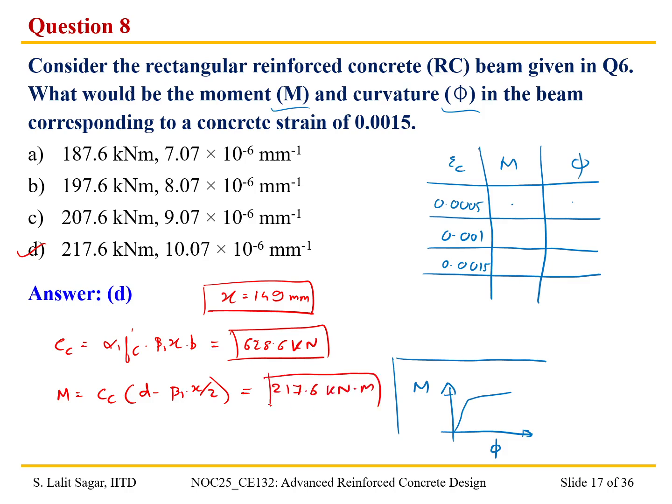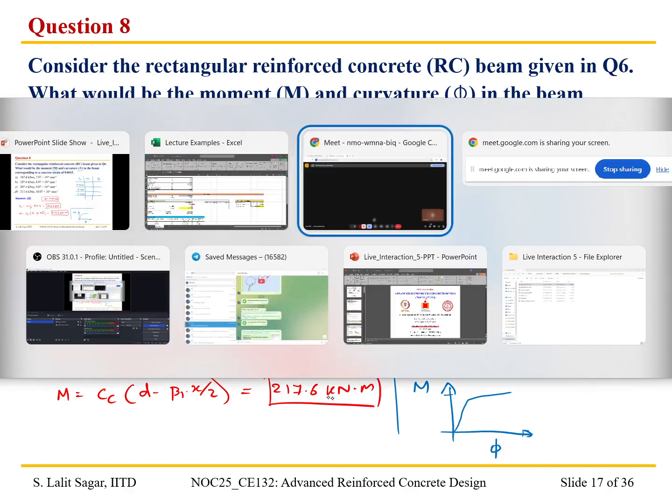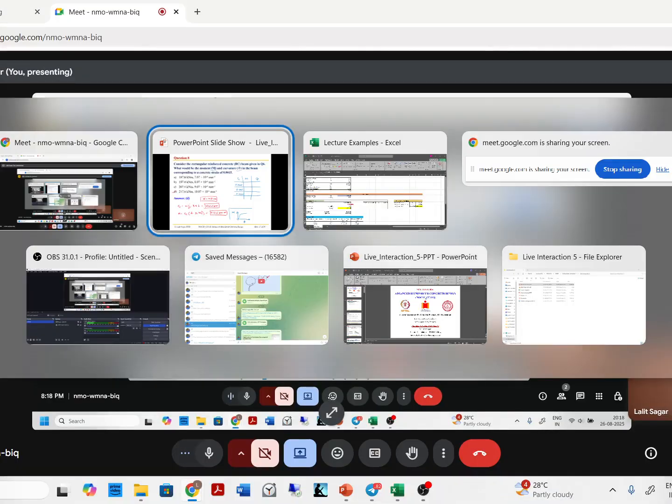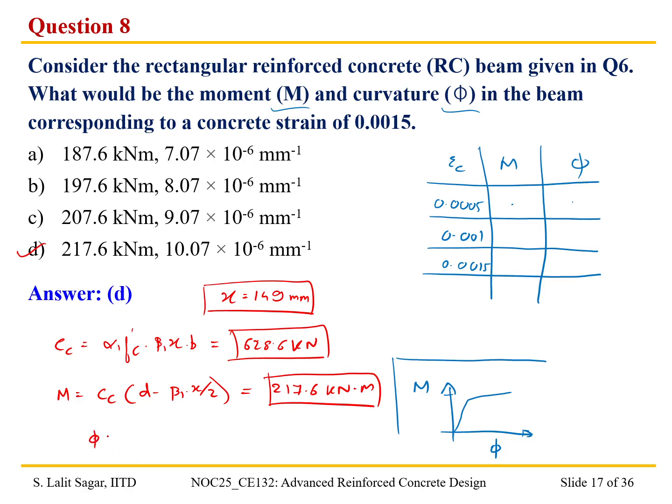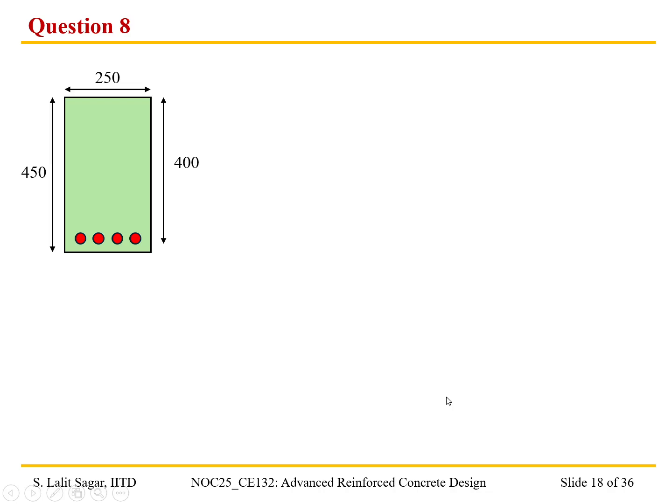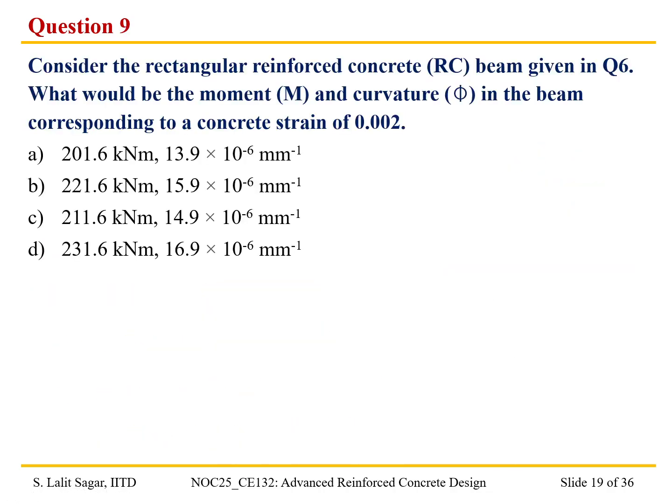Correspondingly, we have the curvature phi is equal to epsilon by x, which is 0.0015 divided by 149, giving us 10.07 into 10 to the power minus 6 per millimeter. This is the value of curvature that we are getting. Moving on, option D is the right answer.